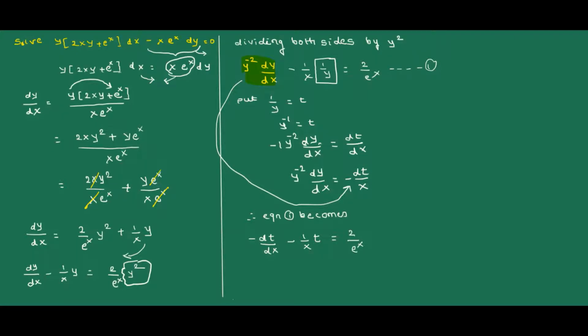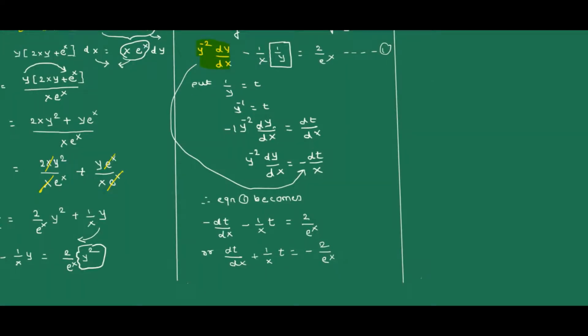So which is of the form dy by dx plus py is equal to q. Better I will write multiplying with minus sign. This is dt divided by dx plus 1 by x into t is equal to minus 2 divided by e raised to x.